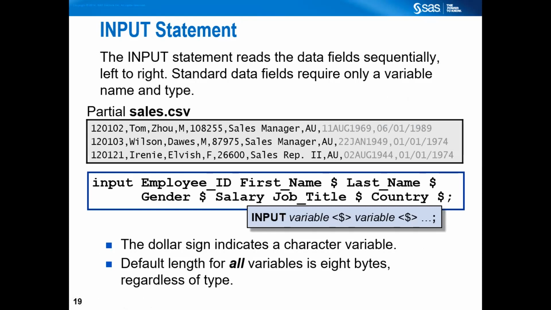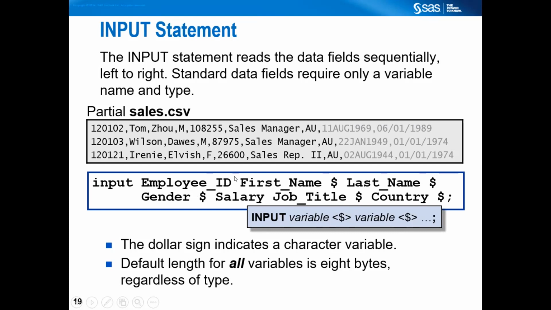Okay. Fine. So the highlighted part, which is just a standard data step, is what we have given as instructions in input to read. It's telling the default length for all variables is 8 bytes. And of course, the character columns have to be defined with a $ sign. Therefore, this is the syntax for input: variable, in case it's character assign dollar, space, give second variable name and its type.